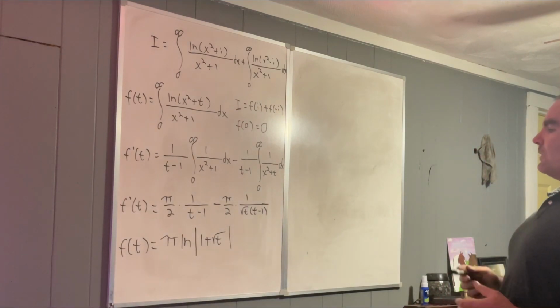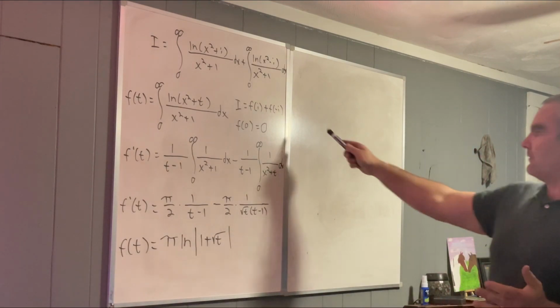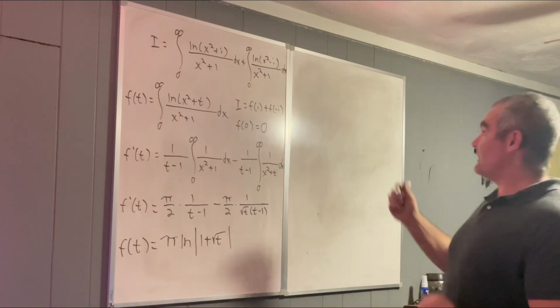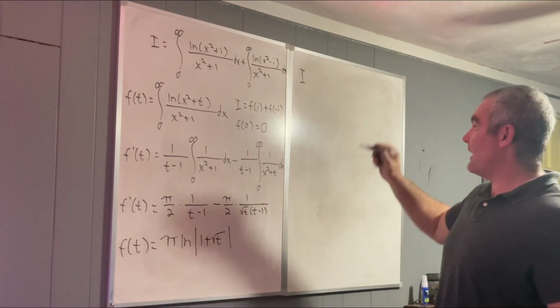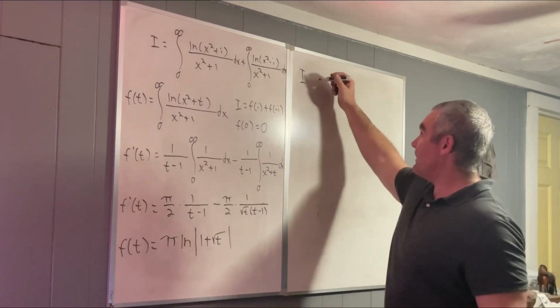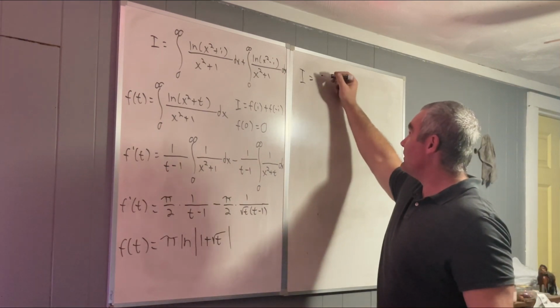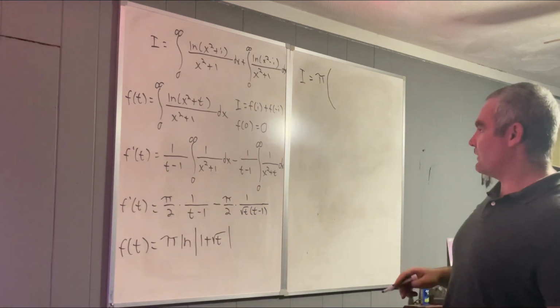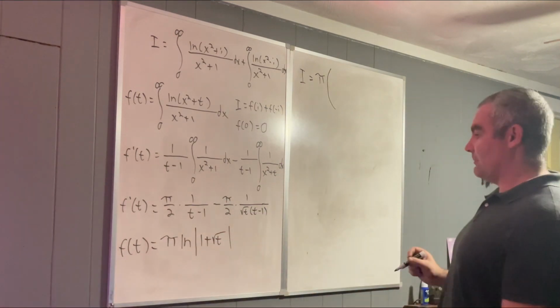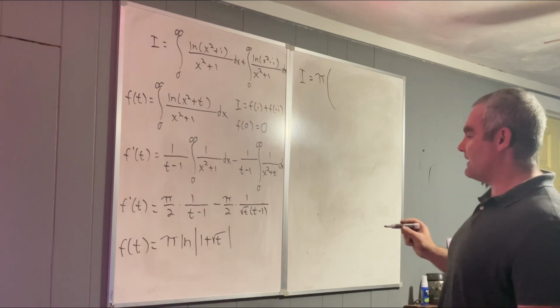All right, so let's go ahead and find out what our actual answer is. So that means that I is going to be equal to our function evaluated at i plus our function evaluated at negative i. So that's going to be equal to pi. I'll just factor that out because we're going to get 1 factor of pi in each.